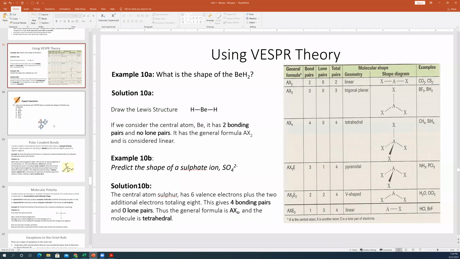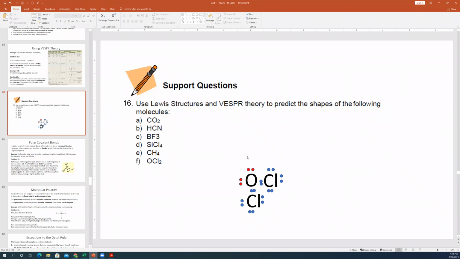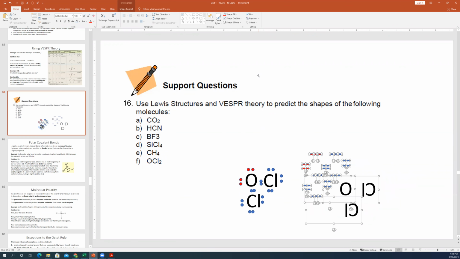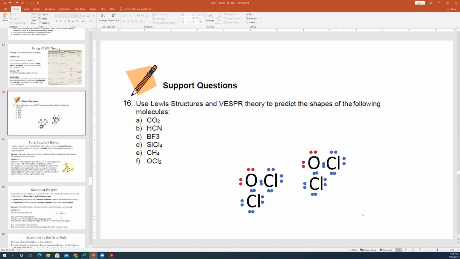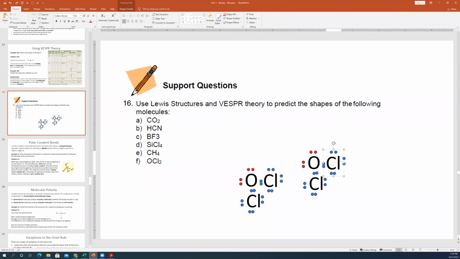So for water, it would be the same situation, except, right, here we have our oxygen with the lone pairs. This would be hydrogen, right?